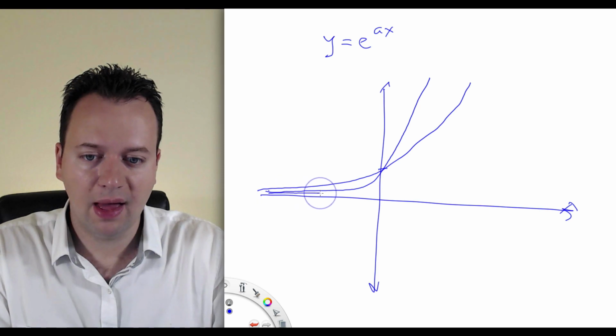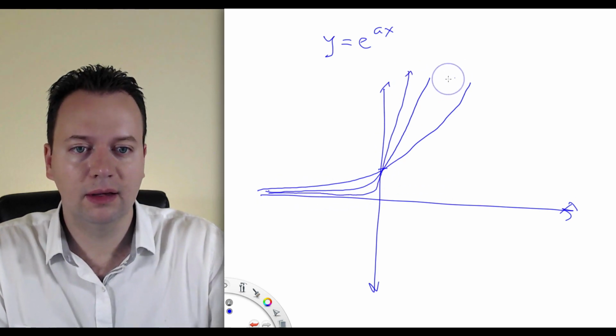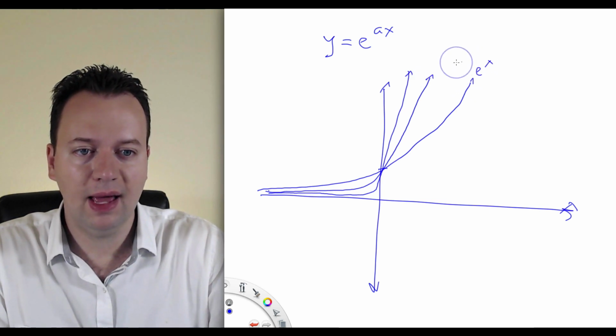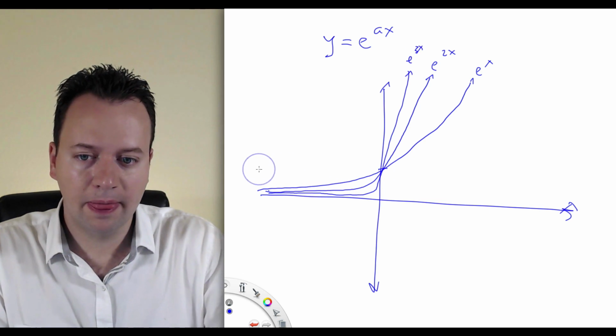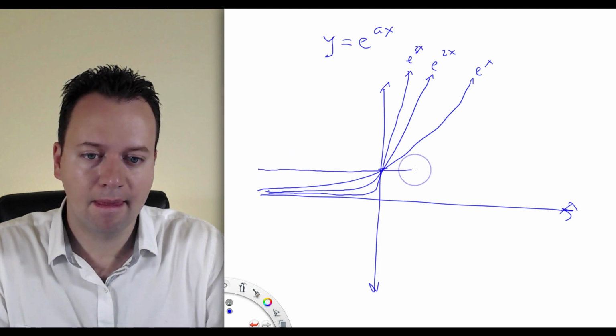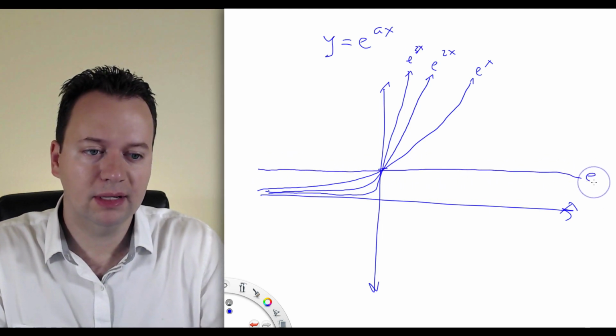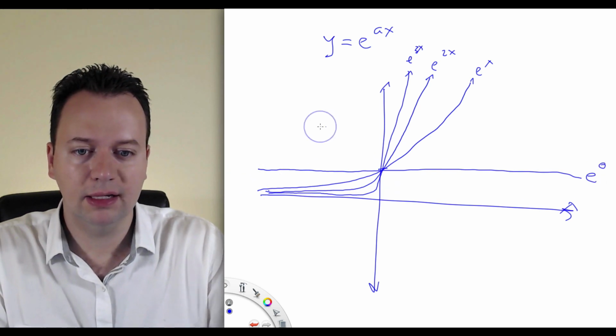If you have 3x, it's like that. So this might be e to the x, e to the 2x, e to the 3x. That's just e to the 0, so it's just a constant equal to 1.